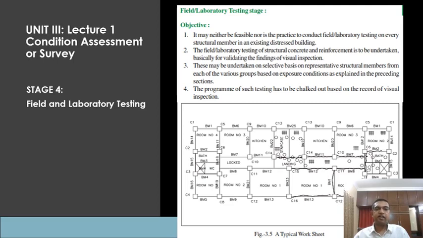It is interior. So like that we can make sets, and we can make sets according to the structural dimensions also. And from the various groups you take samples. Next, the program of such testing has to be chalked out based on the record of visual inspection.